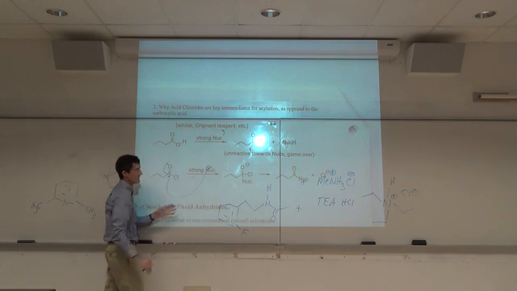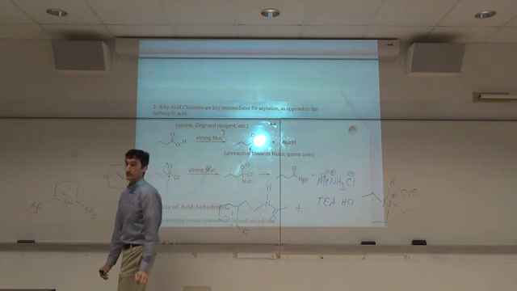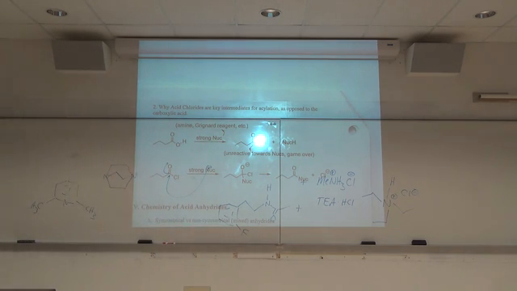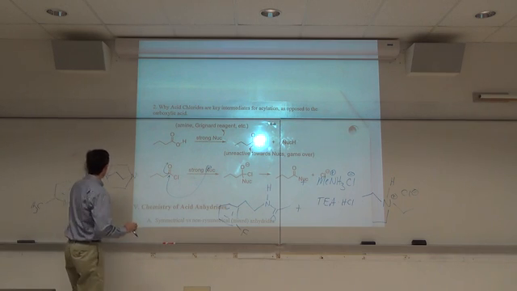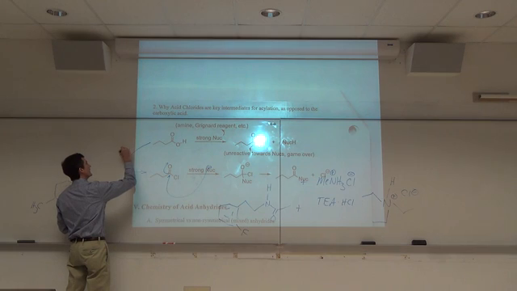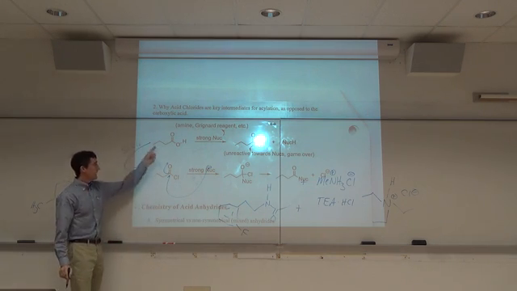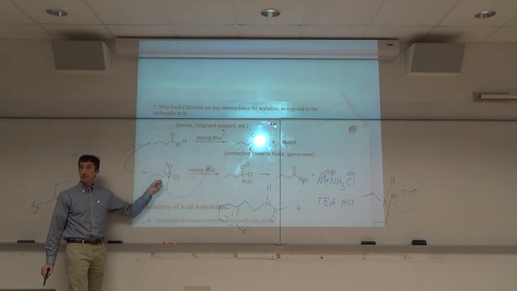Addition. Okay, and then you can come back down and do your substitution. That's why converting your acid to the acid chloride using SOCl2 is a great first step. Now you can do anything with this.